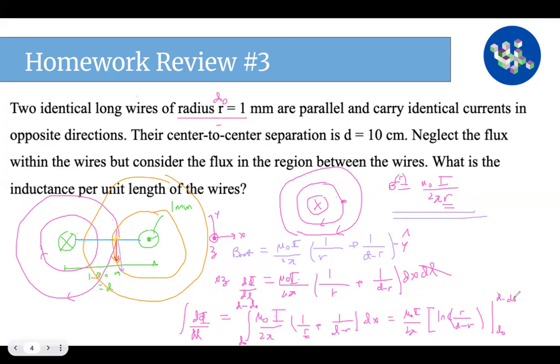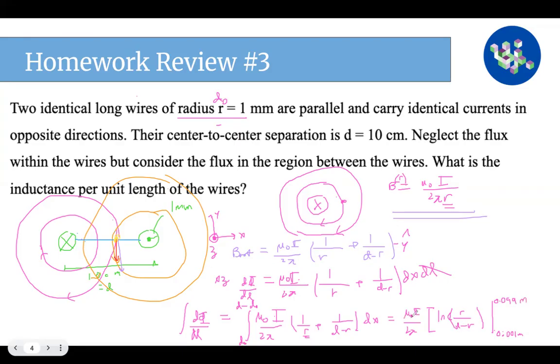We're given radius is 1 millimeter, and d is 10 centimeters. So I can rewrite my boundaries as d0 would be 1 millimeter. Remember when you use SI units, so 0.001 meters, and then to d minus d0, which is 0.099 meters.